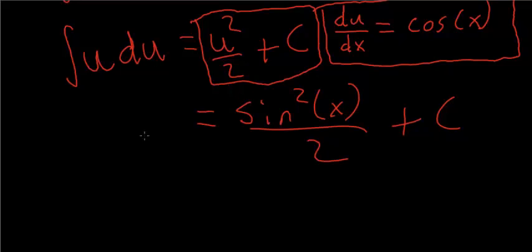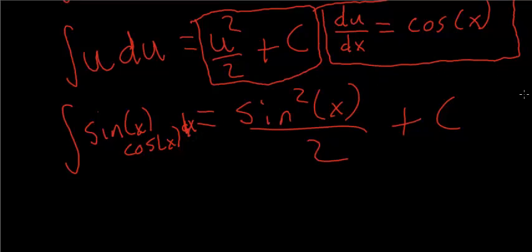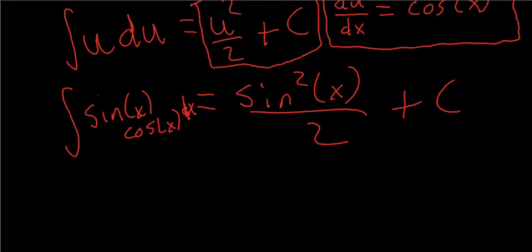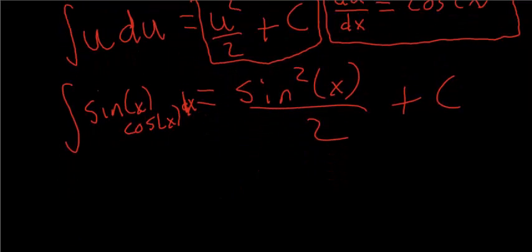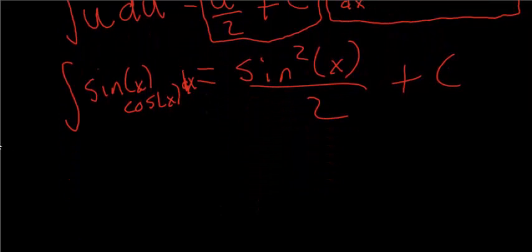And that's the integral of sine of x times cosine of x dx. That's just a basic example of u substitution, but I want to consider a more general case now.